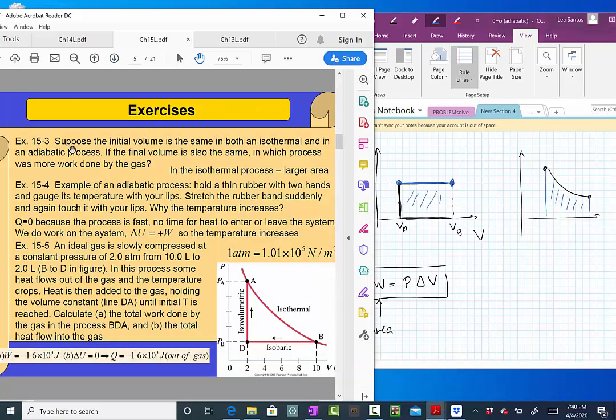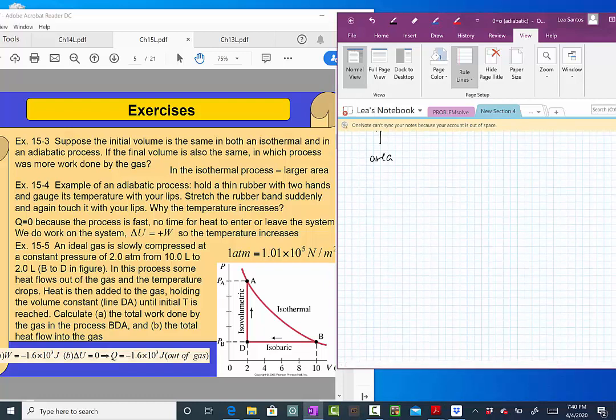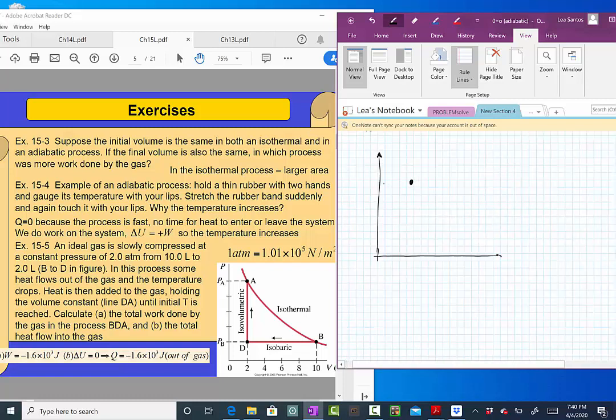Okay, so what they are saying is we have two processes, isothermal and adiabatic, both starting with the same pressure and volume. So similar to that problem that we already discussed before. So let's make our plot here. Both processes are starting here, same pressure and same volume.